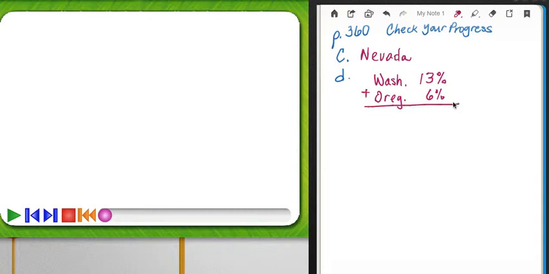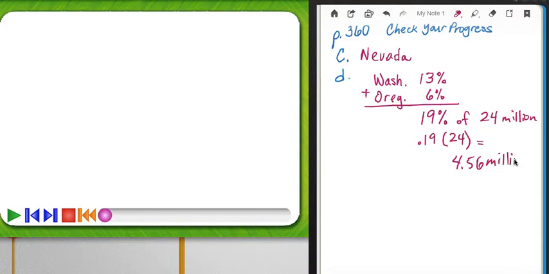Or let's just add the percentages up first and do it in one problem. 19% of 24 million. A lot faster. So we'll change that to 0.19, multiply it by 24, and when you do that, you'll get 4.56, and again, we're dealing with millions. So we'll write that there at the end.